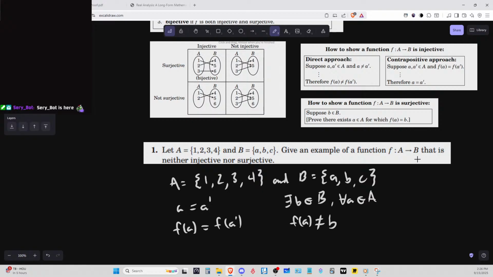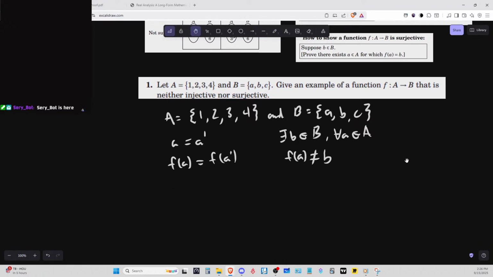Okay, so do we have to do this in a proof method, or do we just think about it, sort of spitballing? That's the one thing I'm trying to figure out here.